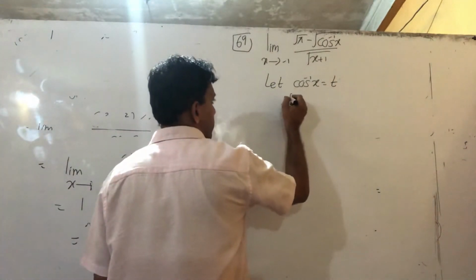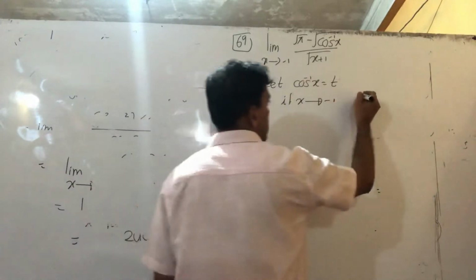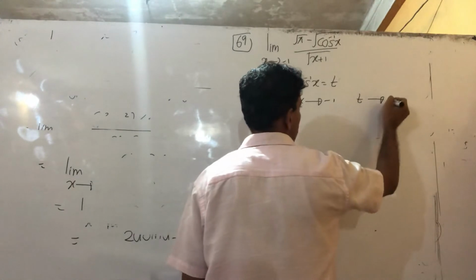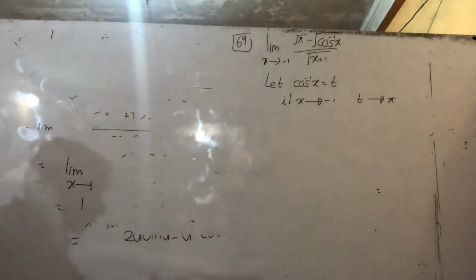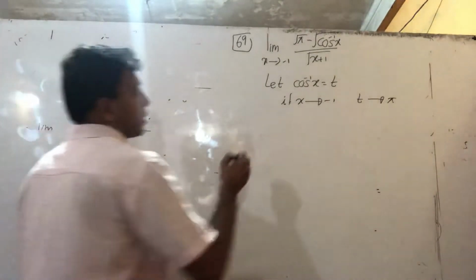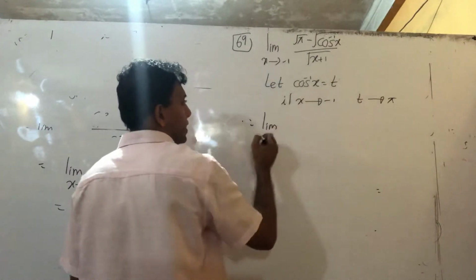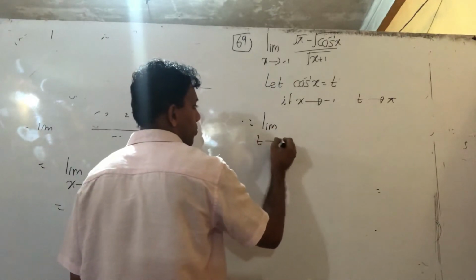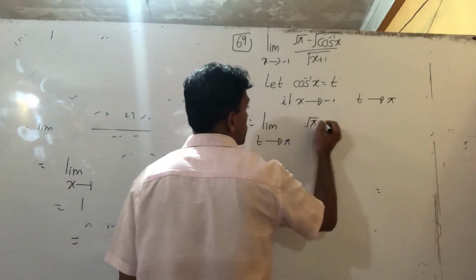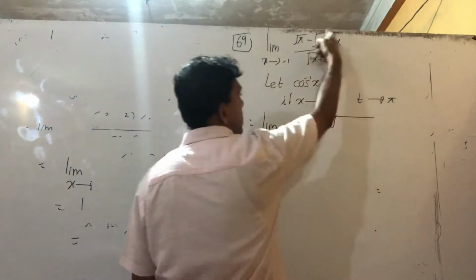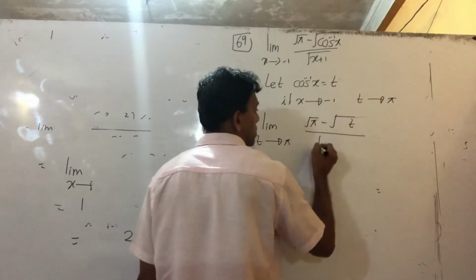If x tends to minus 1, t tends to pi. Okay, cos pi is minus 1. Therefore, come to the problem, limit x tends to minus 1 means t approaches pi, square root of pi minus square root of cos inverse x, which is t, over what?